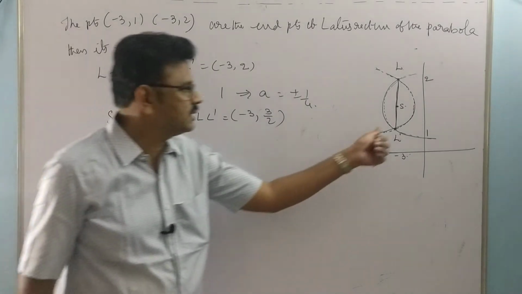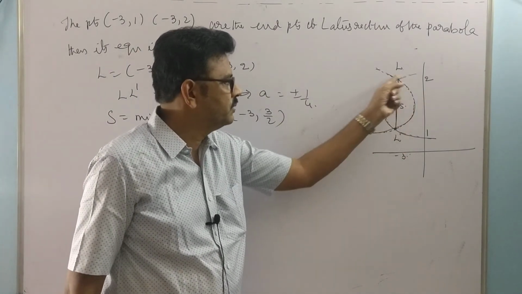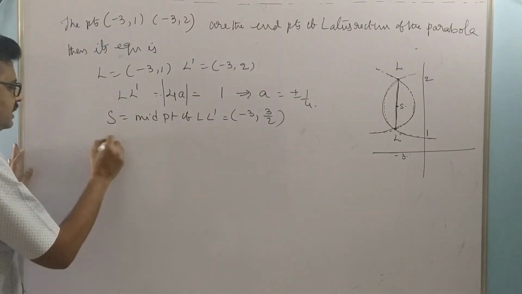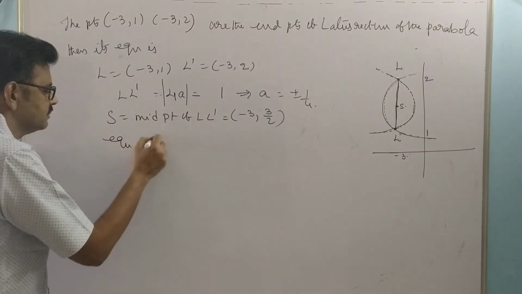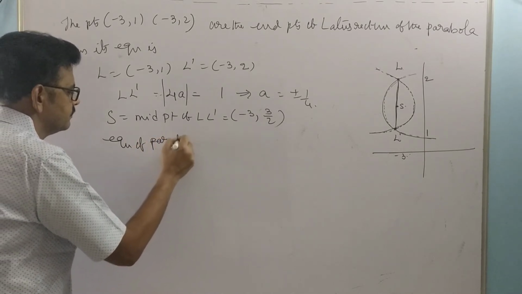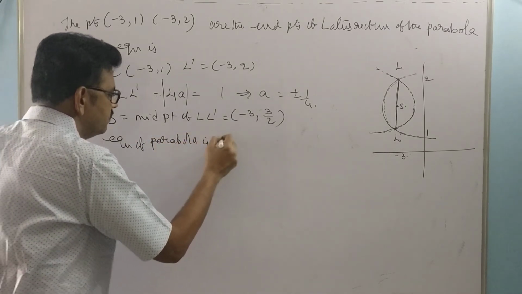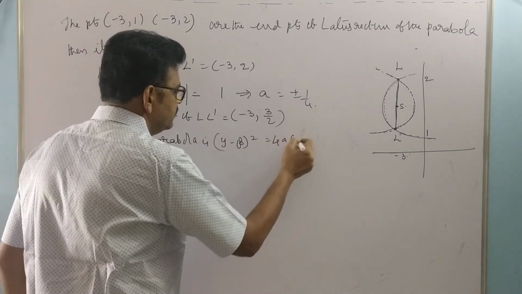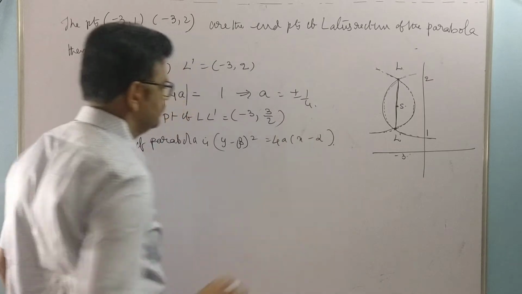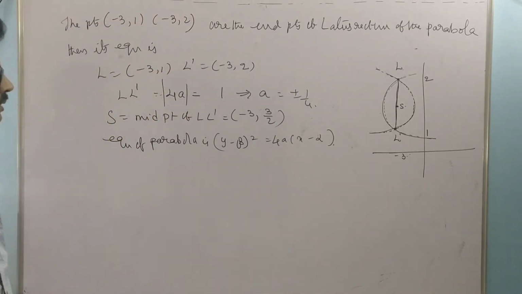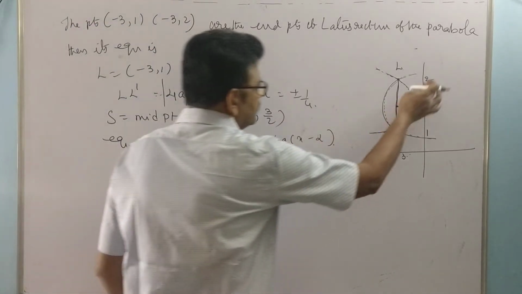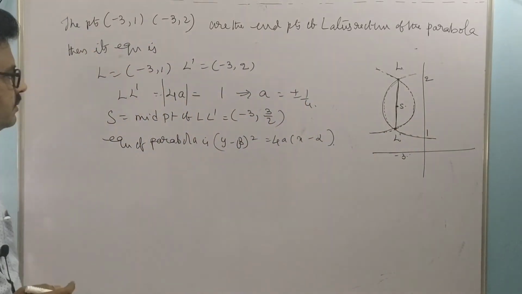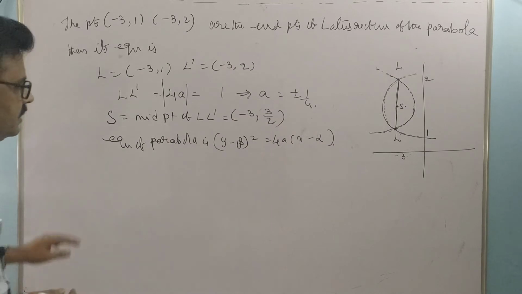Okay, the latus rectum is parallel to the y-axis, therefore the parabola is symmetric about the x-axis. This implies the equation of the parabola is (y minus beta) whole square equal to 4a into (x minus alpha).